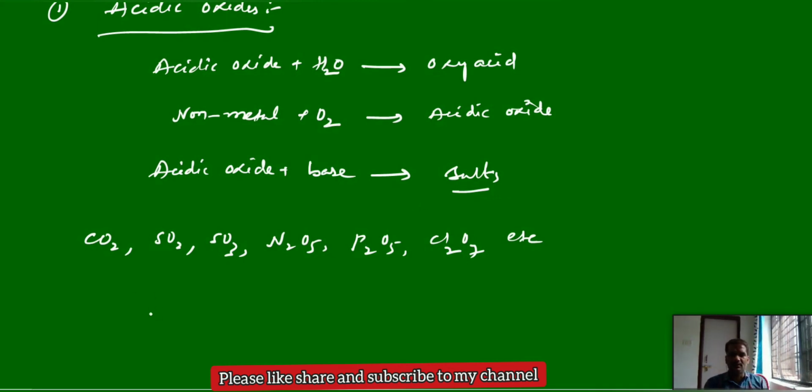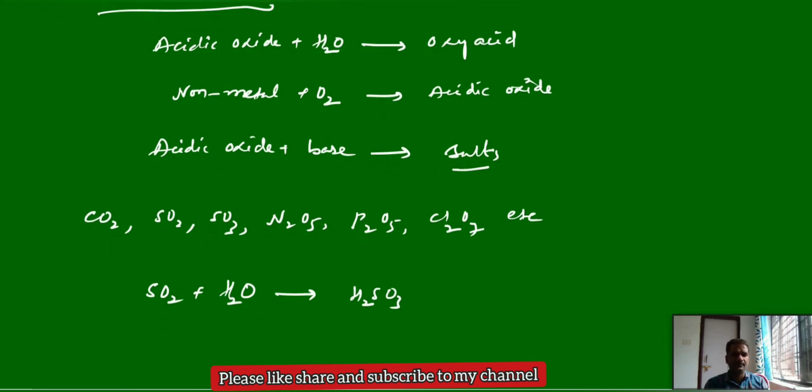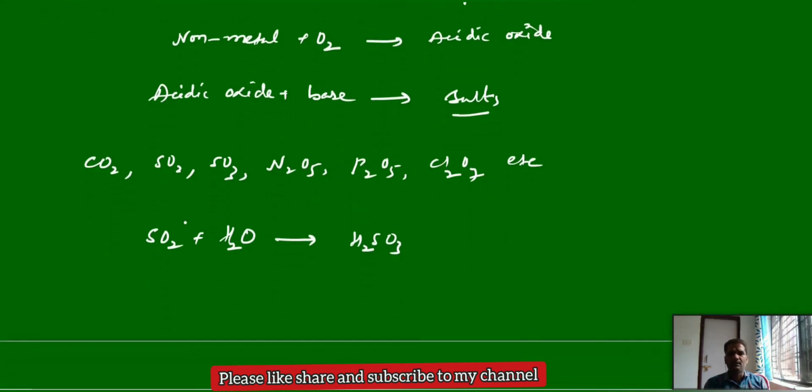And when these acidic oxides react with water, let me take SO2, sulfur dioxide, as one example, it can form its corresponding oxy acid, H2SO3. Similarly, these oxides react with bases. Let me take sulfur trioxide or carbon dioxide.